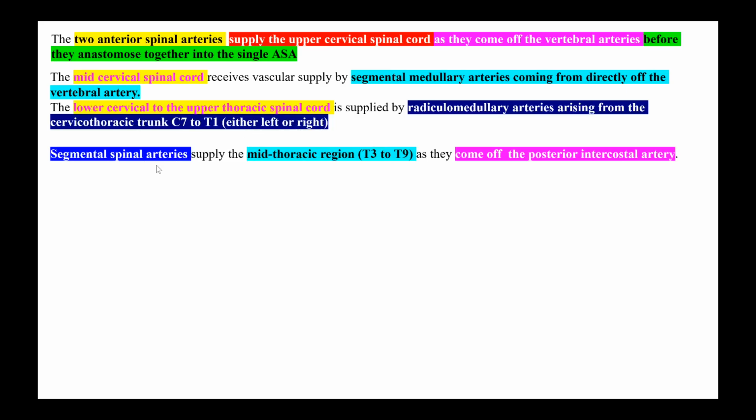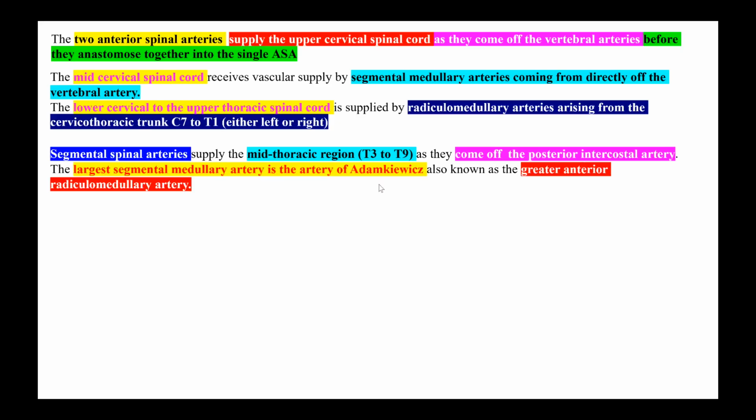The segmental spinal arteries supply the mid-thoracic region, some from the posterior intercostal arteries. So their segmental supply comes from the posterior. The largest segmental medullary artery, that is before it becomes a radicular artery, is the artery of Adamkiewicz, which is known as the greater anterior radiculomedullary artery.